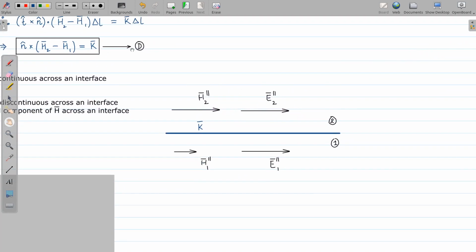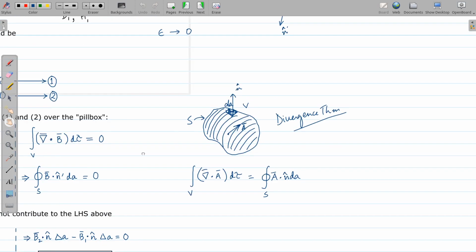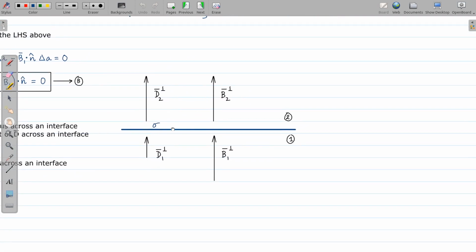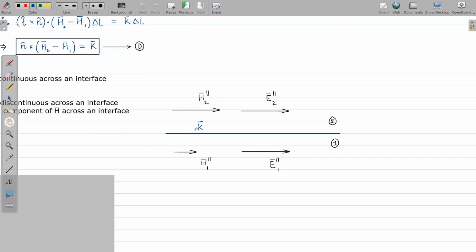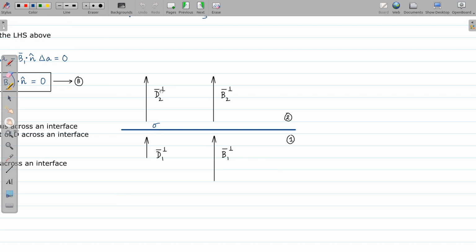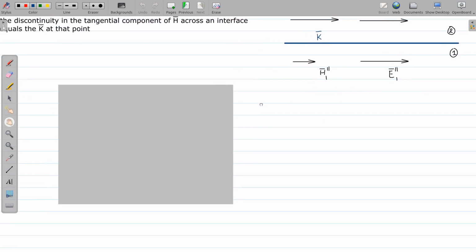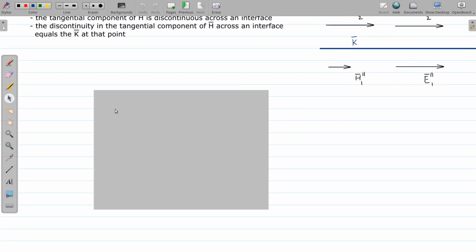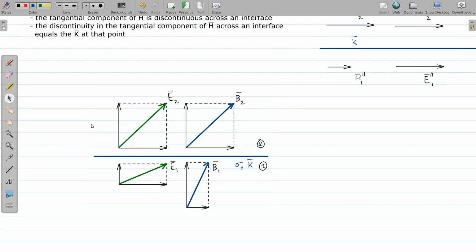Previously we had this same idea for the normal component, and this for the tangential component, as the boundary conditions. We can combine these two diagrams. For simplicity, I have just shown electric and magnetic fields.